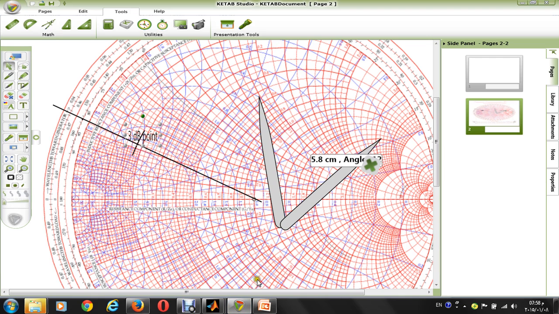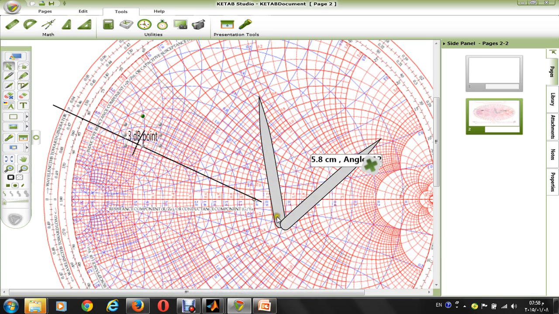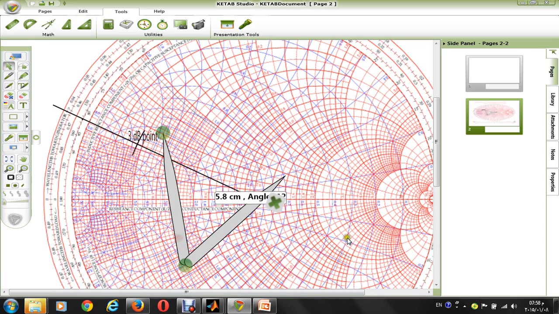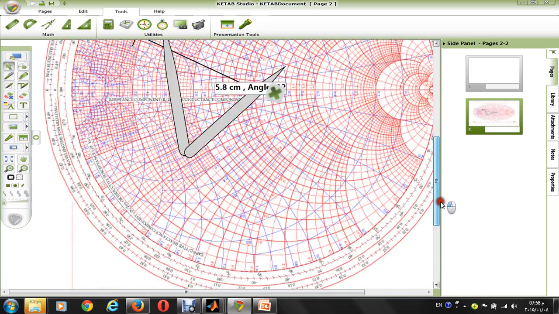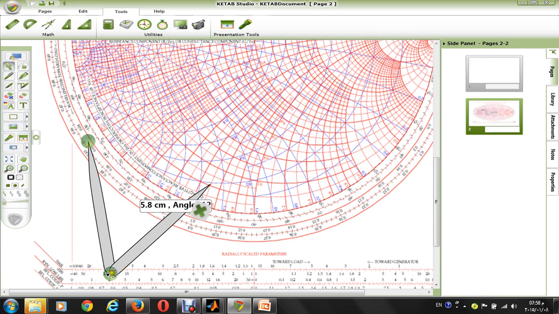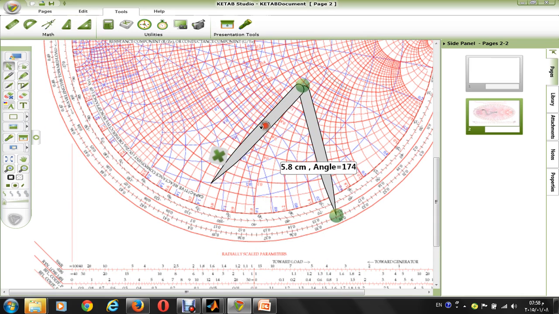Let's go to ketab. Now here, for the 1 input gain circle, I want the distance. The distance is 0.546. I take the compass. Okay, I don't need the pencil. I take the compass to the reflection coefficient scale.